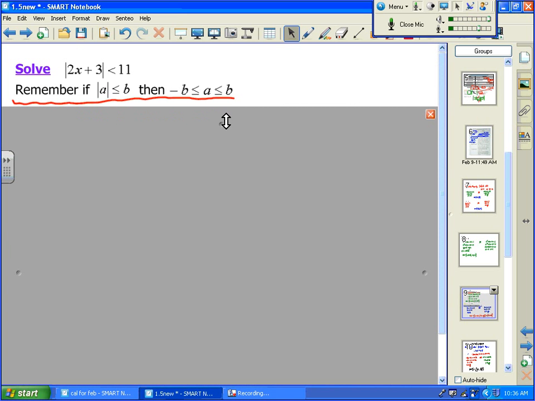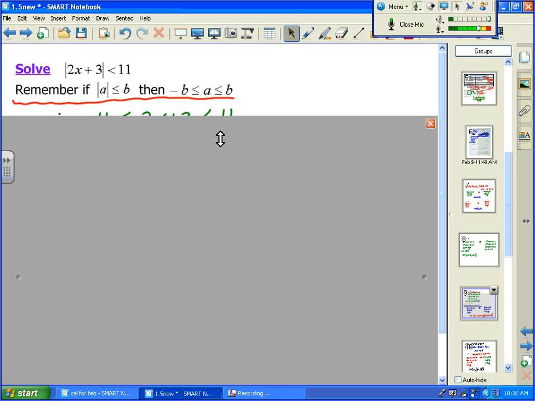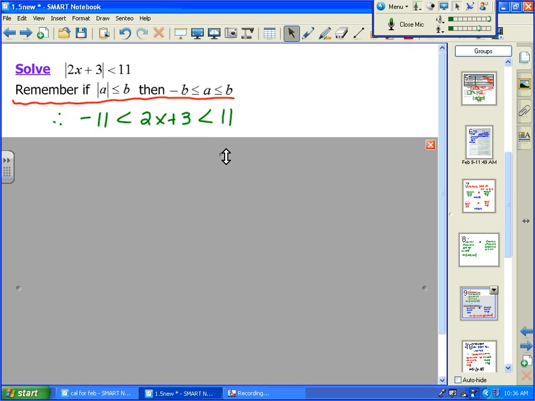So we got absolute value 2x plus 3 is less than 11. So this is very similar to the first equality property we did. So that means that negative b is less than or equal to a, with you can drop your absolute value bracket, which is less than or equal to b. So I simply rewrite this as negative 11 less than what's in the absolute value bracket, less than 11.